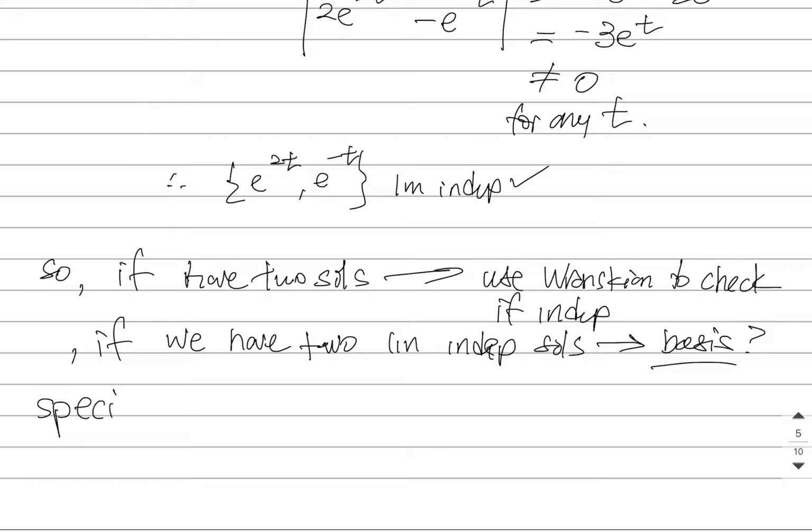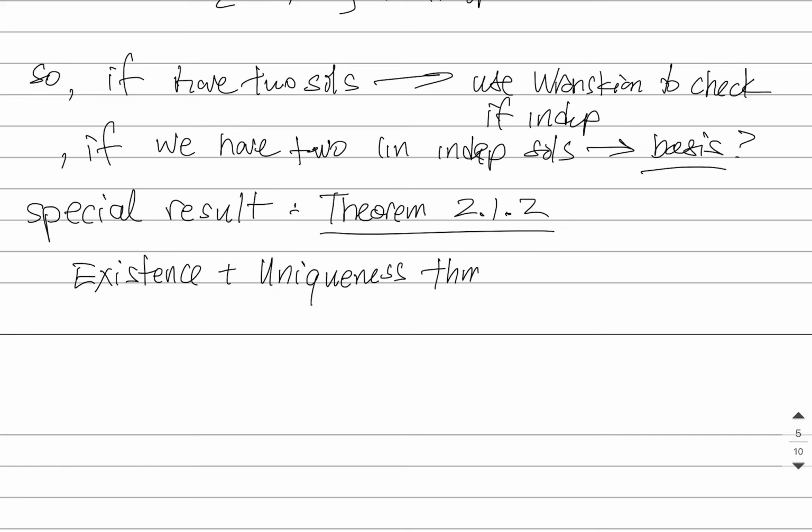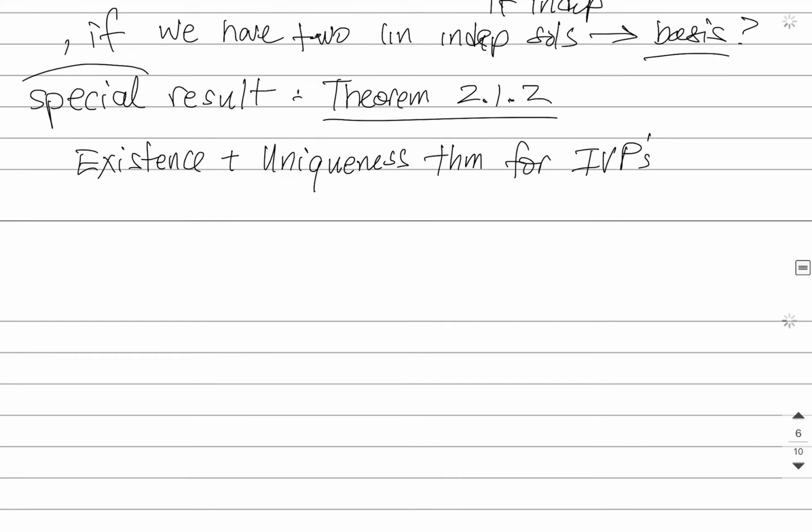There is one special result that is labeled as Theorem 2.1.2 in our textbook and on the sheet. This is what's called the existence and uniqueness theorem for second order IVPs. Without this, we can't really come to the conclusions we need.